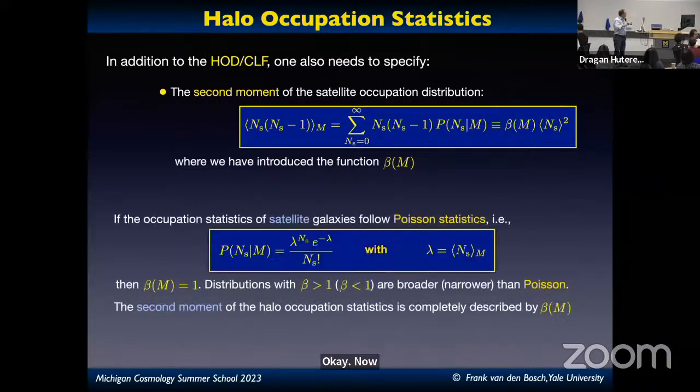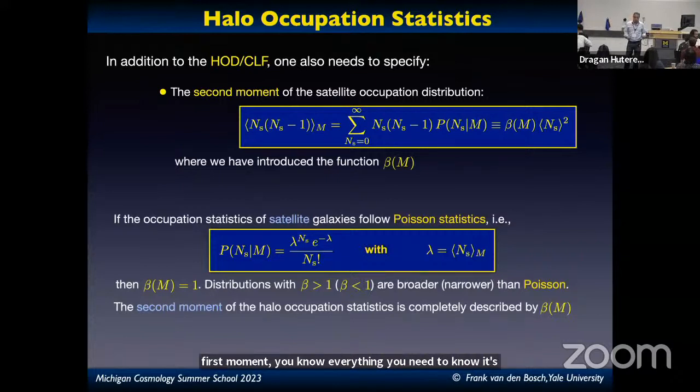What almost everyone does is assume that the functional form for the number of satellites is a Poisson distribution. The cool thing about a Poisson distribution is that if you specify its first moment, you know everything you need to know. In particular, for a Poisson distribution, the number of pairs is exactly equal to ns squared.